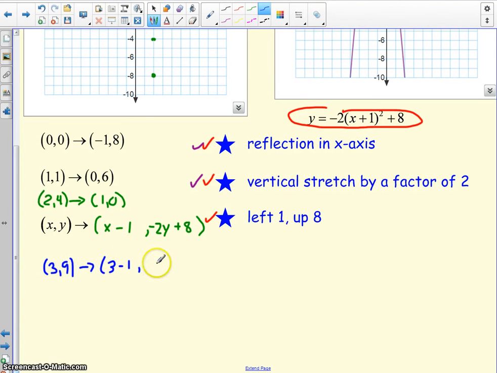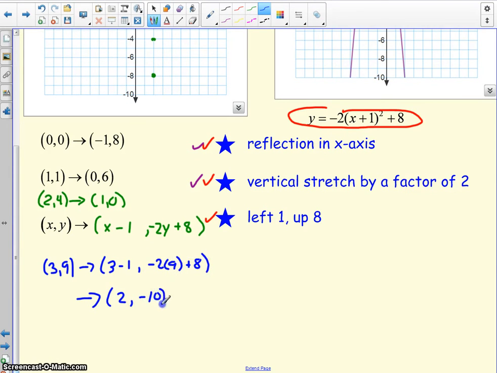The y value we're starting with is 9, so we're going to have negative 2 times 9 plus 8. It's just a matter of simplifying it and seeing what our new point is going to be. So 3 minus 1 is 2. Negative 2 times 9 is negative 18, plus 8 is negative 10.